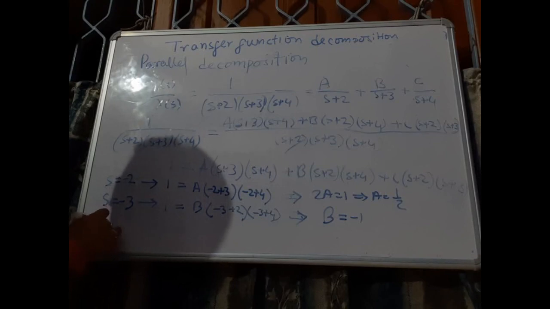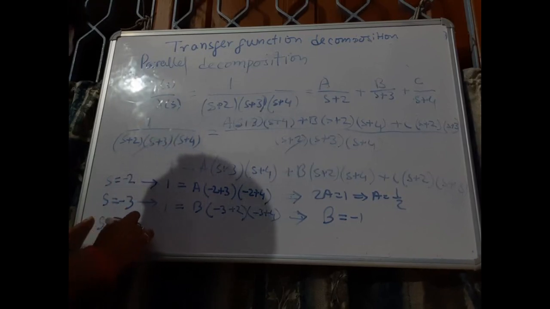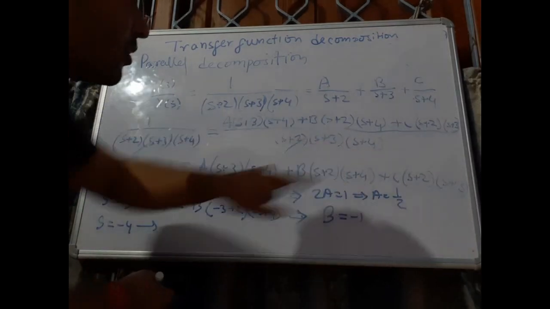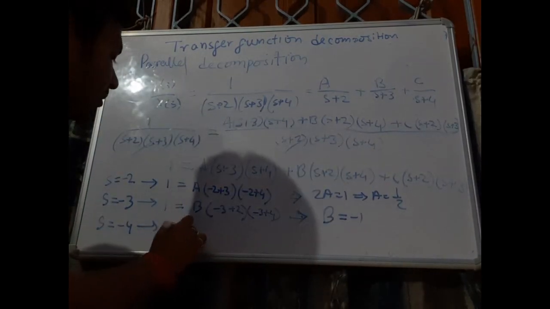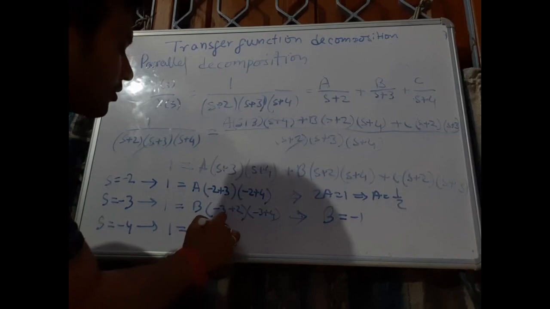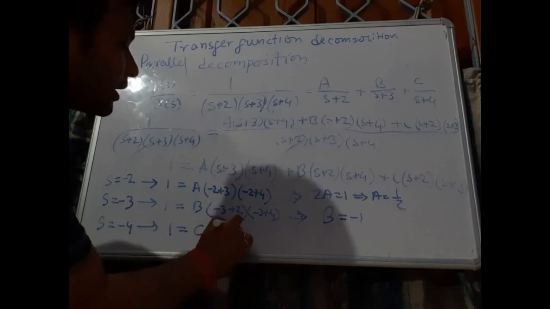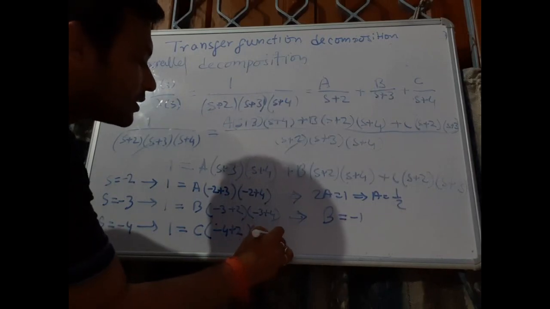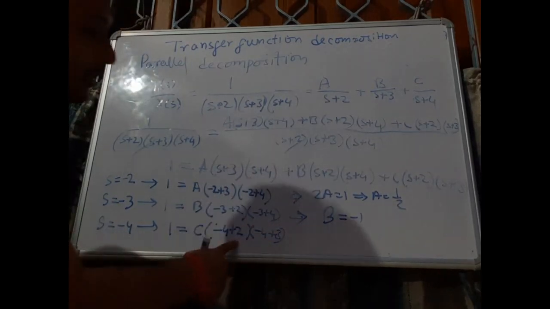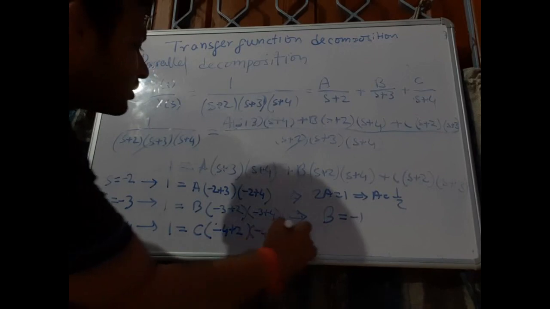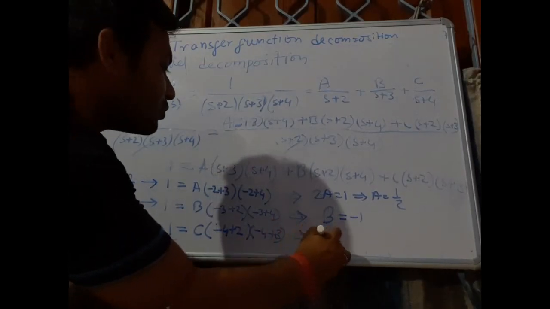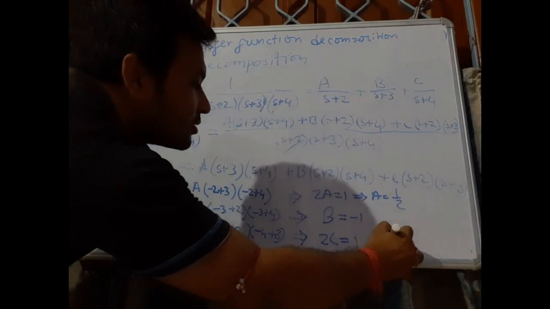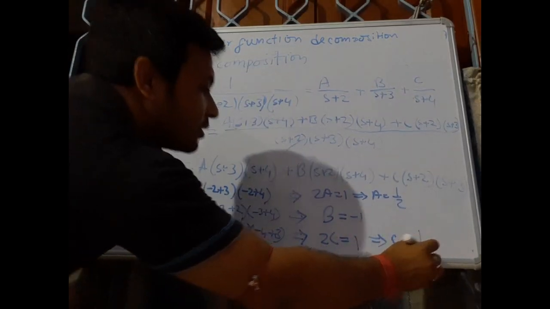And if I take s equals to minus 4, we have this part 0 and this part 0, and the remaining part c into minus 4 plus 2, minus 4 plus 3. Okay, this is minus 2, this is minus 1, so ultimately 2c is equal to 1, that is c equals half.